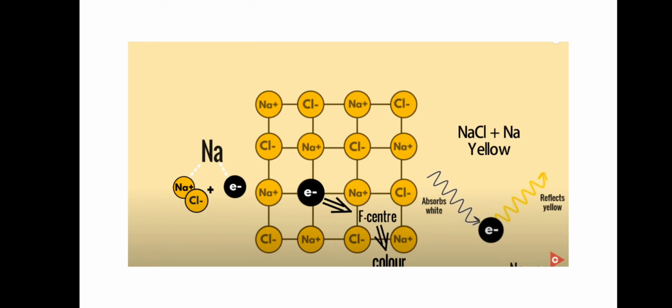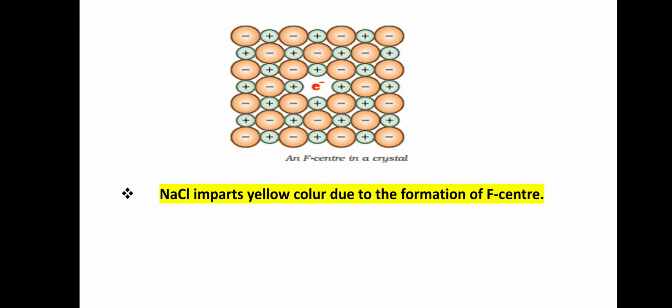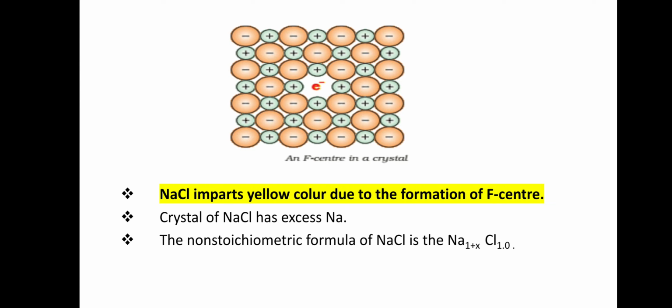So this is an F center, where color is developed in a colorless solid. As we can see in this diagram, the electron occupies the space and hence it is an F center in the crystal. NaCl imparts yellow color due to the formation of F centers. The crystal of NaCl has excess of Na, so the non-stoichiometric formula of NaCl is Na(1+x)Cl.